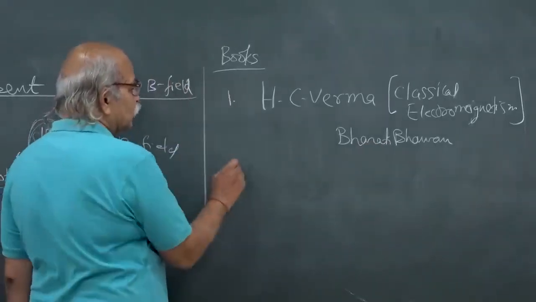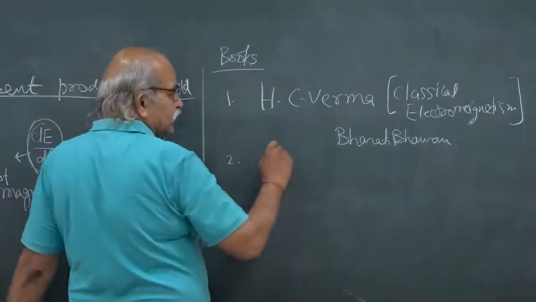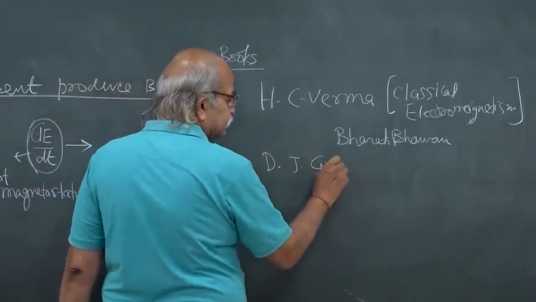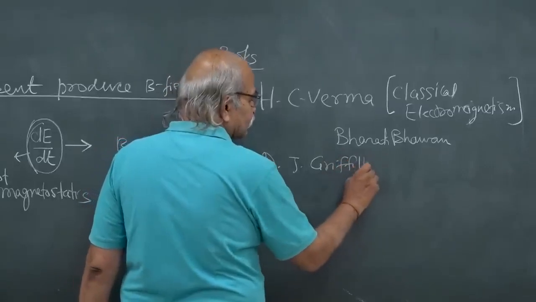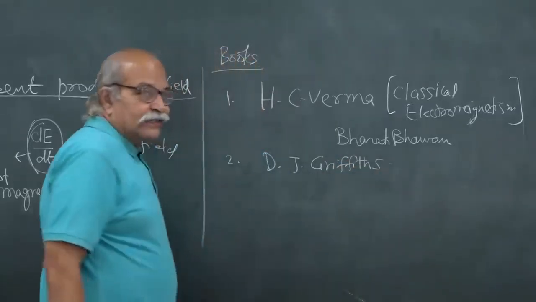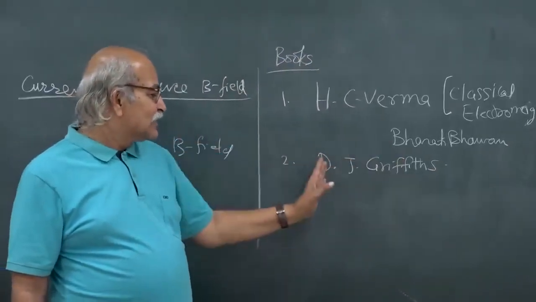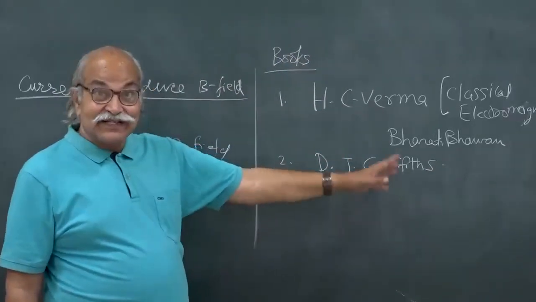So, this is the base book. Then another book will be the famous, very famous DJ Griffiths, Principles of Electrodynamics or something like that. So, this DJ Griffiths will be another excellent book.